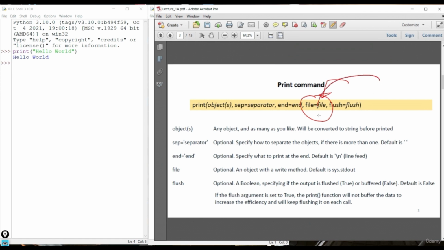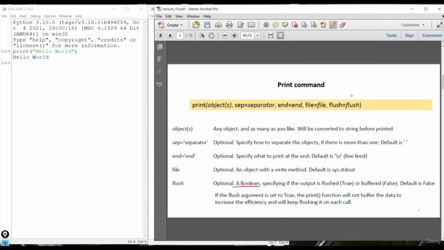Flush is not very frequently used. It is a Boolean expression specifying if the output is flushed or buffered. If the flush argument is set to true, the print function will not buffer the data to increase the efficiency and will keep flushing it on each call.